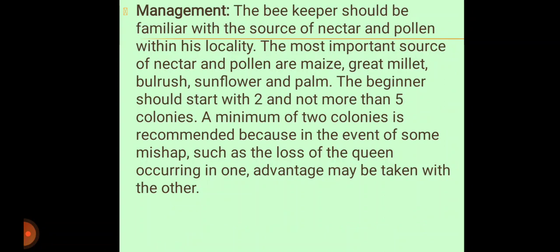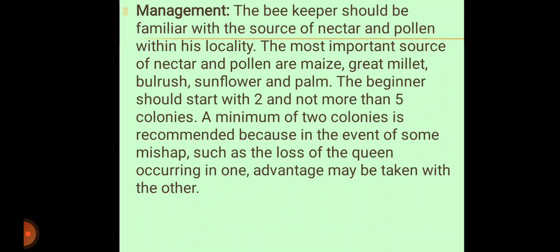Management for beekeeping. The beekeepers should be familiar with the source of nectar and pollen within the locality. The most important sources of nectar and pollen are maize, great millet, that is jowar, and bajra, then sunflower and plum.